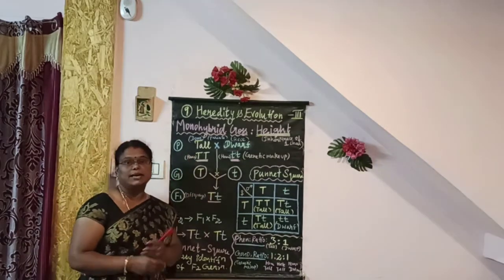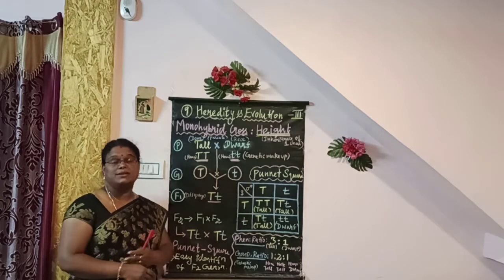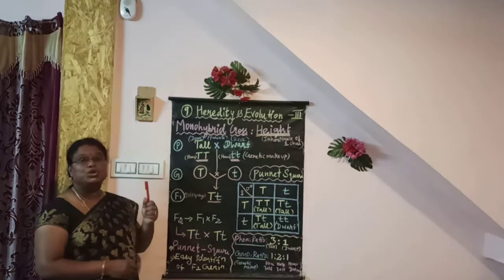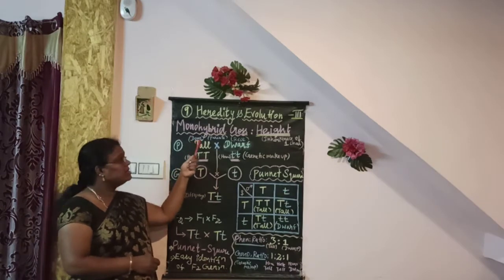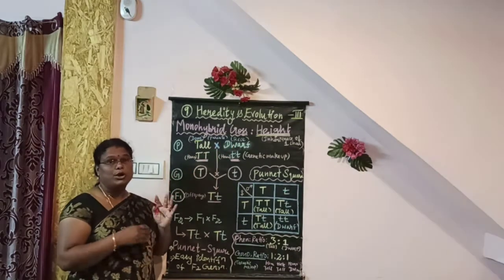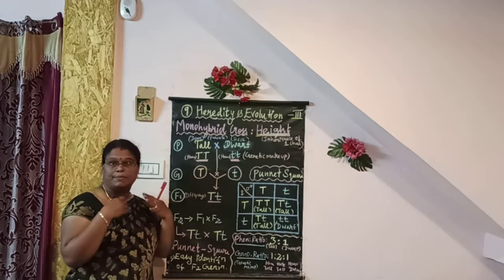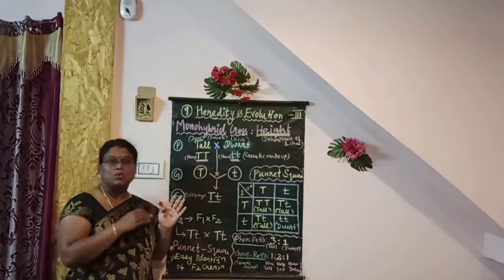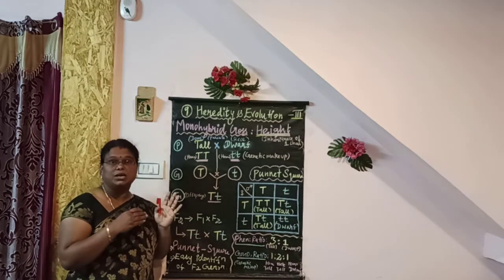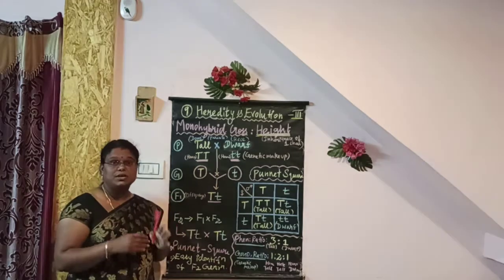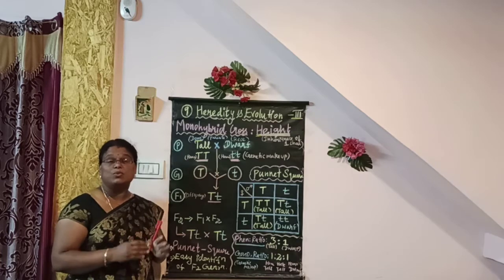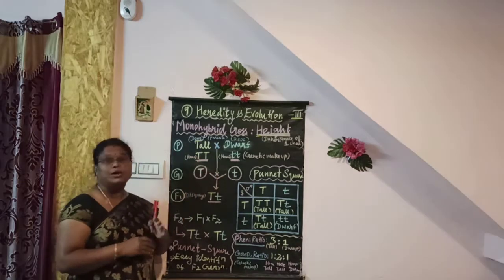And students, he selected Pisum sativum plants for his experiment. He chose two parents. One is the dominant parent, another is the recessive parent. We saw in the previous video what a dominant gene is. A dominant gene is a gene which expresses exclusively, and a recessive gene is a gene which will express only in the absence of the dominant gene.